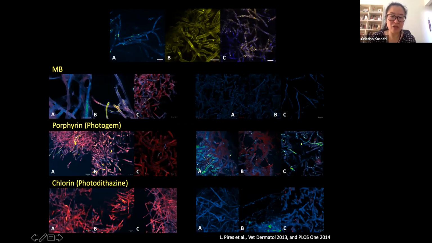And those are the images taken after the PDT irradiation, where we can see for both methylene blue and chlorin almost complete photobleaching, or consumption, of the photosensitizer. In the case of the porphyrin, we still had some porphyrin left. So probably here we could even use a higher energy dose to get a stronger PDT response.